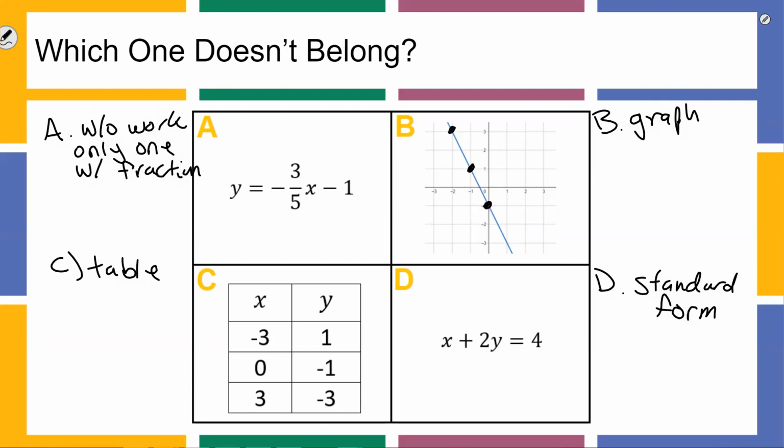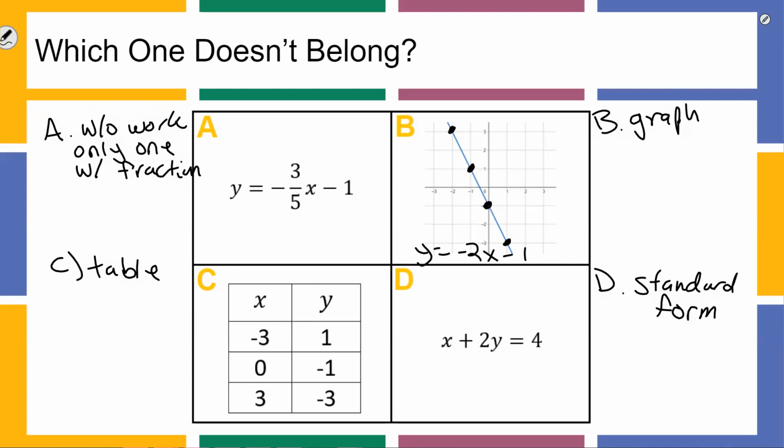What would the equation of this line be? What would that slope be? What would that y-intercept be? It's negative, so negative 2x minus 1.